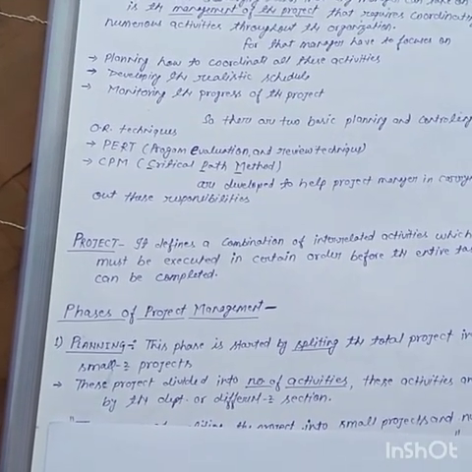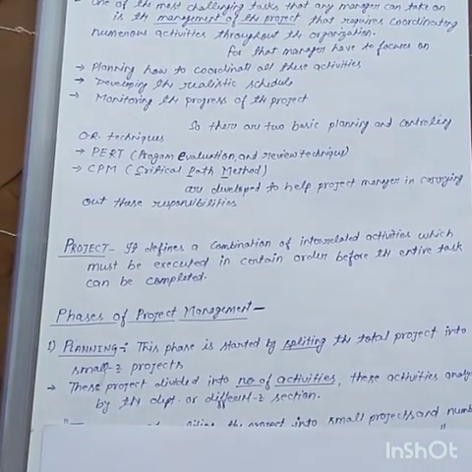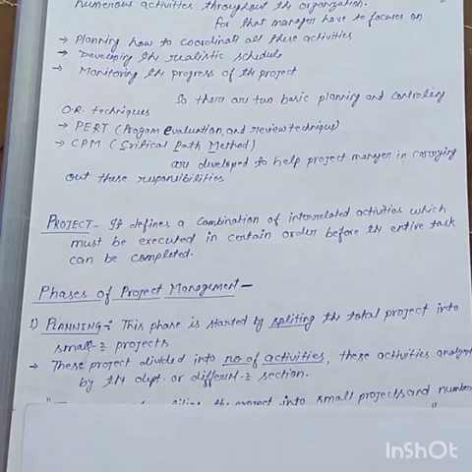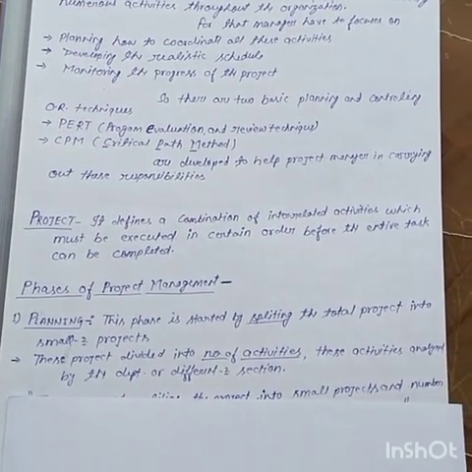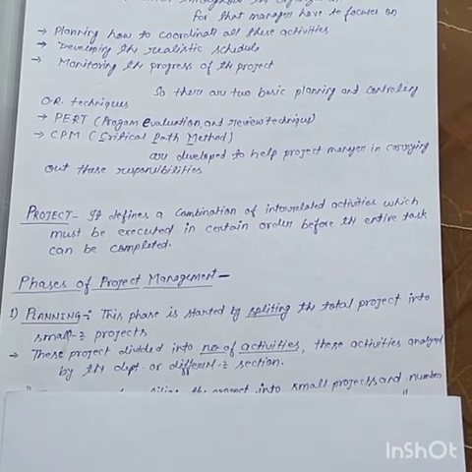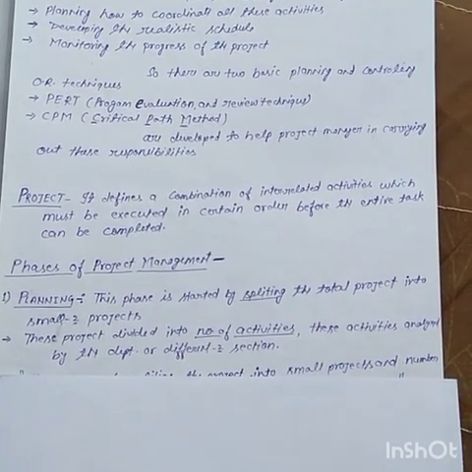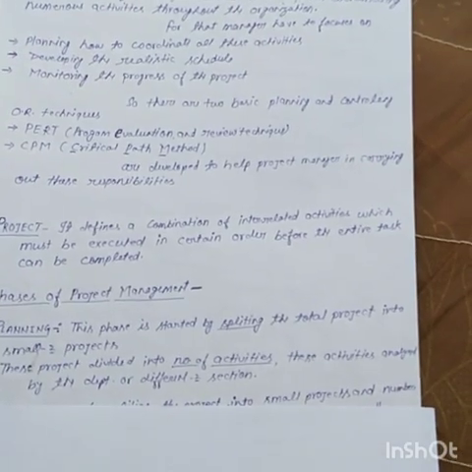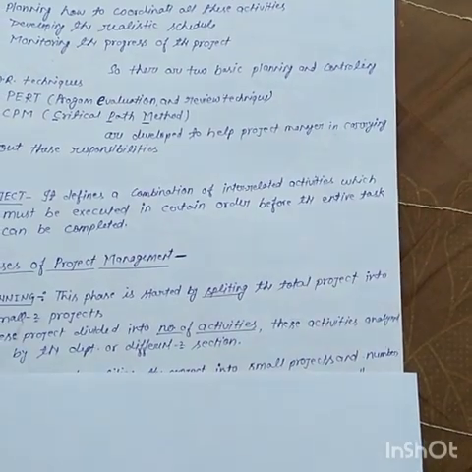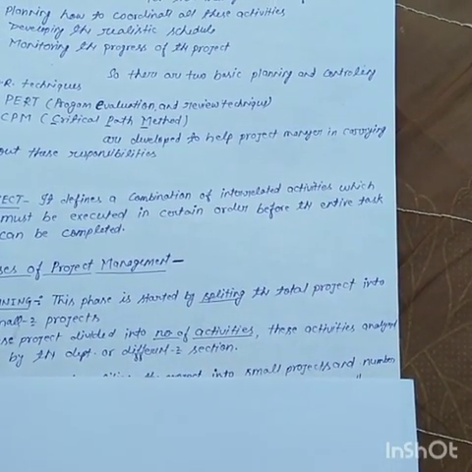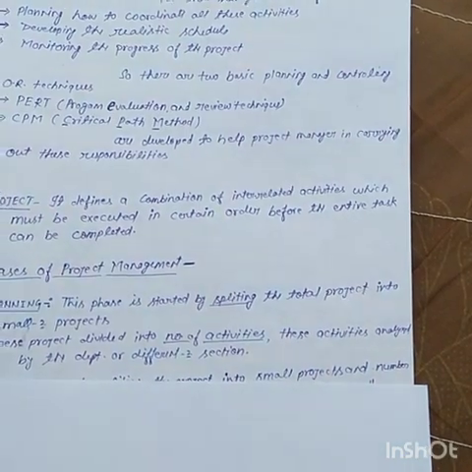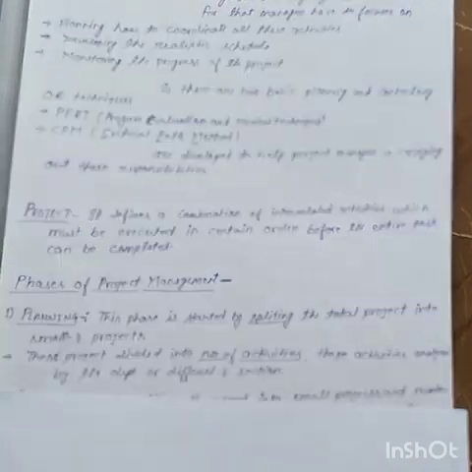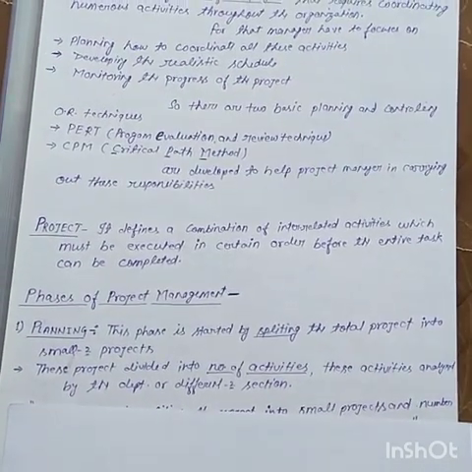Planning is all about splitting the big project into small projects. We have to split the project into small projects, and these are further divided into different small activities, and these activities are controlled or analyzed by different departments and sections.